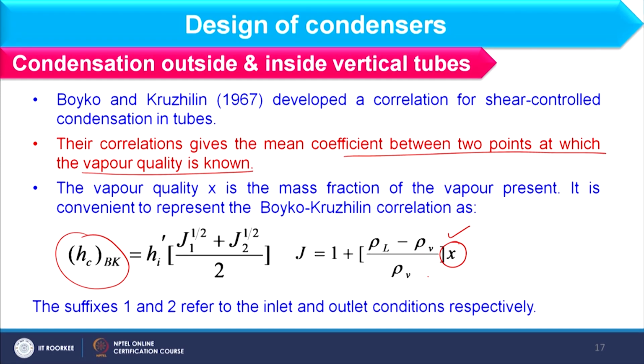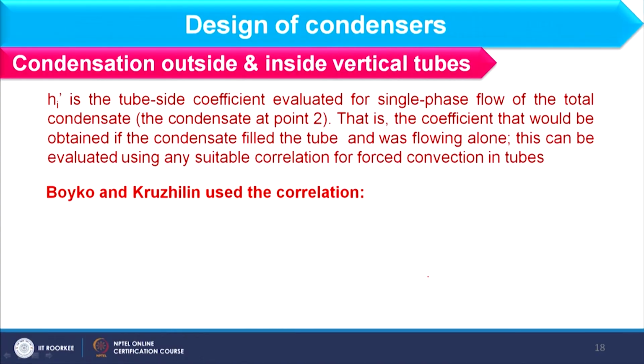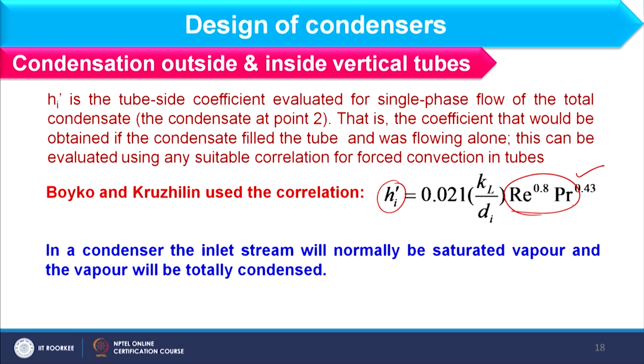Hi dash is basically the heat transfer coefficient for a single phase of condensate, right, where I am considering that only condensate is moving inside the tubes. For that case Boyko-Kruzhilin considered the expression of the usual heat transfer coefficient, which you have also seen in sensible heat transfer, given by Hi dash, and this expression is a function of Reynolds number and Prandtl number.